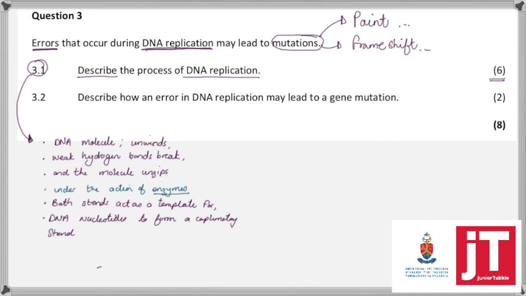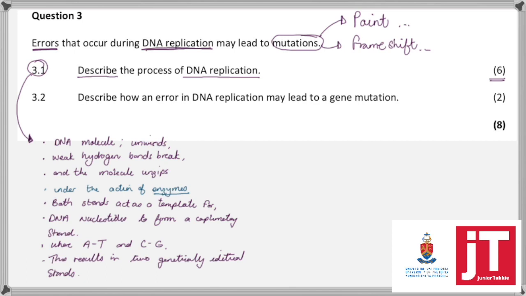So my DNA nucleotides form the complementary strand, and what I have at the end of the day is A joining with T, complementary, and C with G, also complementary, and this is going to result in my two genetically identical DNA molecules.